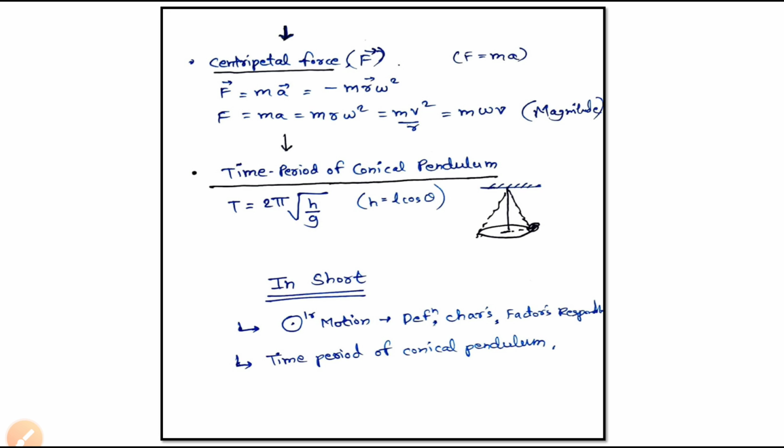Until now we have seen the centripetal force acting, balanced by the centrifugal force. Here the body performing the conical pendulum motion, that is horizontal circular motion, is also acted on by various forces, the tension force and the gravitational force. Like this, there are certain forces which are responsible for circular motion.